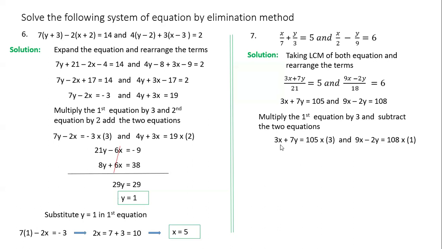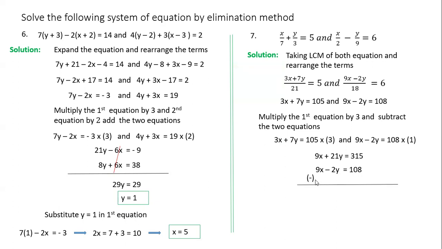When you multiply with 3, it becomes 9x plus 21y is equal to 105 into 3, which is 315. And this is subtract one. So we are multiplying only the first equation and directly subtracting the second equation. The second equation we take as it is, 9x minus 2y is equal to 108. Now we are going to subtract it.